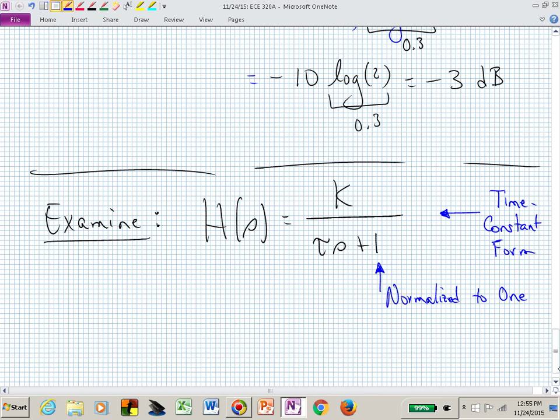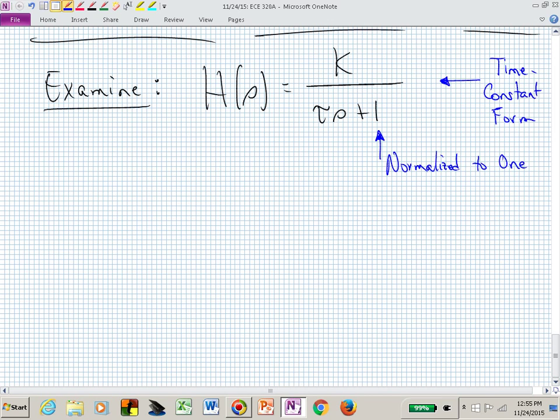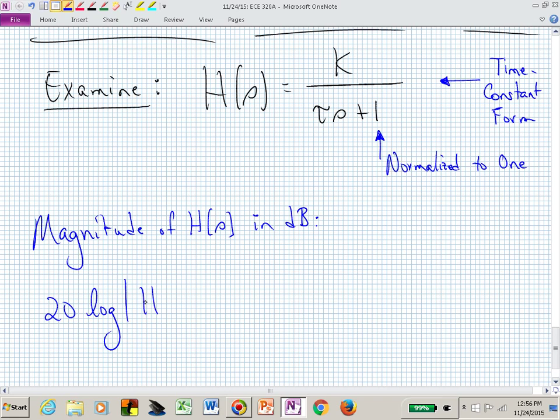So what we want to do now is develop a procedure for sketching the magnitude as a function of frequency and the phase or angle of all of these expressions. If we simply looked at the magnitude of this, let's say in dB, then we are looking at 20 times the log of the magnitude.